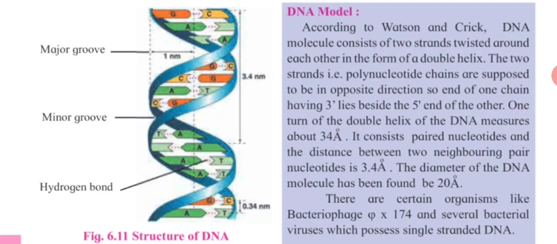There are certain organisms like bacteriophages. Phi X174 is a bacteriophage, and there are also several bacterial viruses which possess their genetic material in the form of single stranded DNA. So here we have discussed the structure of DNA, about nucleotide, nucleoside, and types of nucleosides on the basis of nitrogen bases.